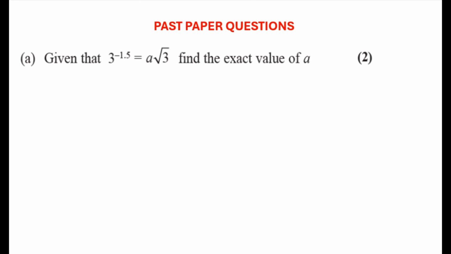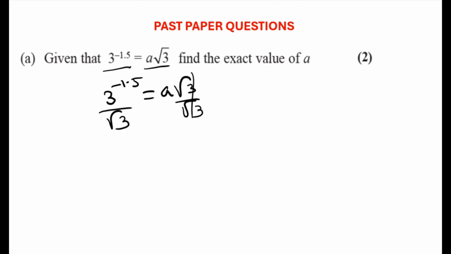Now we will go through some past paper questions. Given that 3 to the power minus 1.5 is equal to a root 3, find the exact value of a. So first what I will do is remove this root 3 by dividing both sides by root 3, so that it is easy for me to find the value of a. This will get cancelled. So I can write a is equal to 3 to the power minus 1.5 over 3 to the power half.